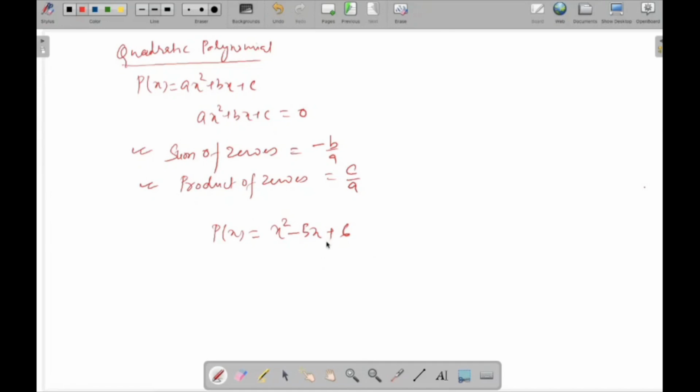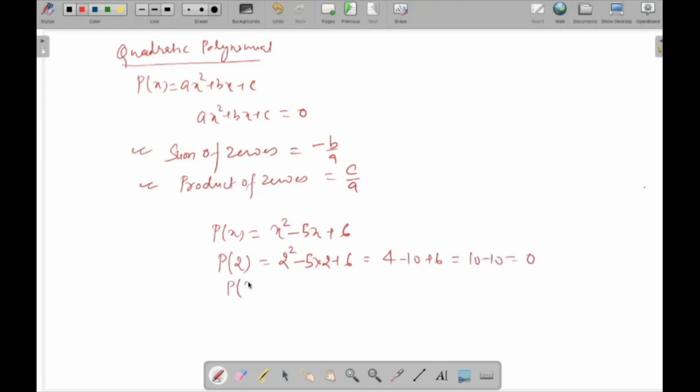Now if I have to find the zeros of this polynomial, say I'm putting x equals to 2, let's say what happens here. So this will become 2 square minus 5 into 2 plus 6. So this will become 4 minus 10 plus 6, which will be 10 minus 10, which will be 0.